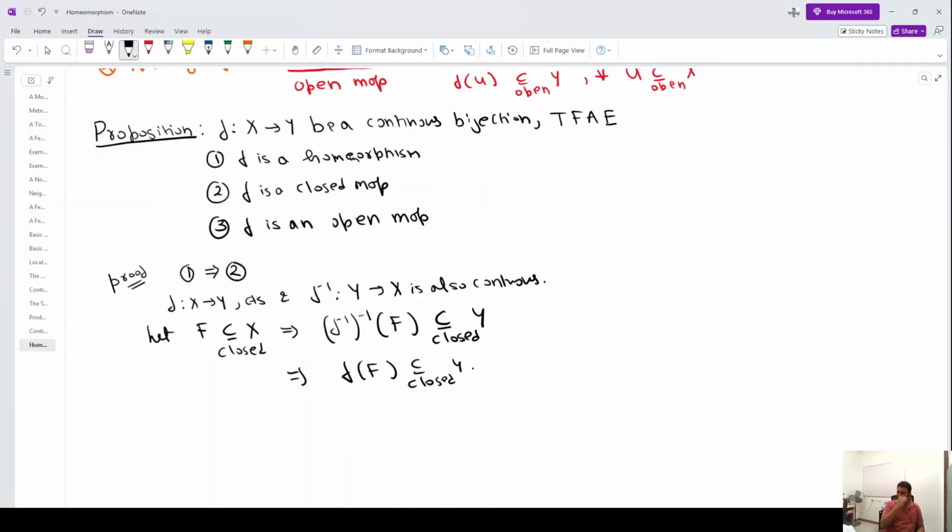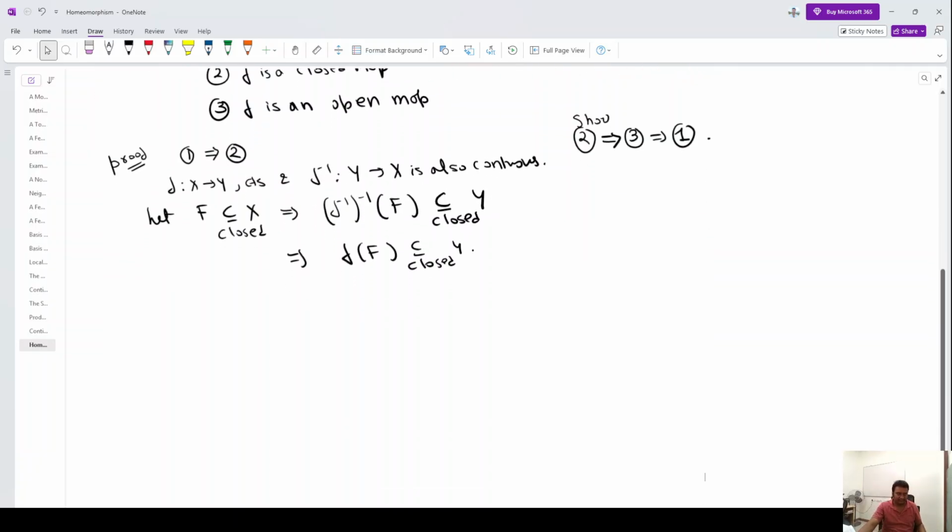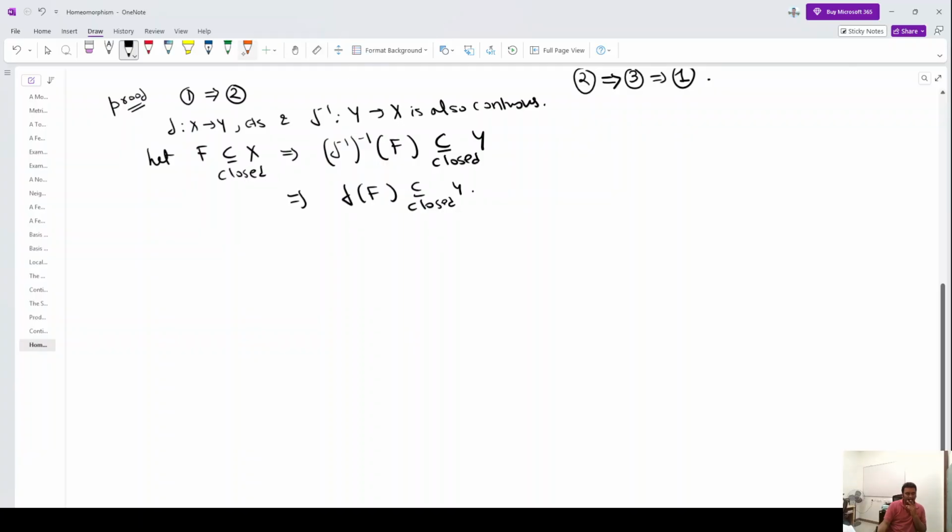So you see, this is quite simple. Similarly, I will leave this simple set theoretic exercise for you guys: show 2 implies 3 implies 1. It's not difficult. All of you can do this. Now finally, let's discuss some examples. So, example 1.